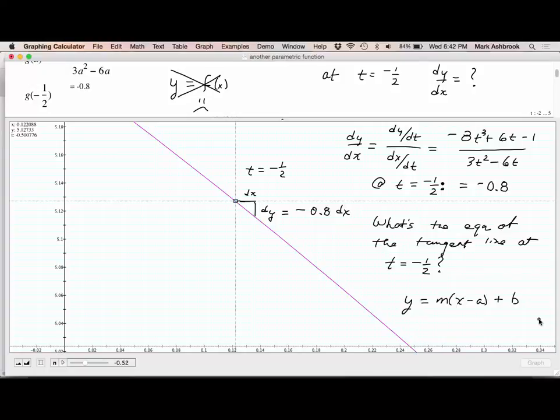That's actually a better form of a line than y equals mx plus b. This is not the y-intercept, right? This is any point on the line. So that's a point on the line, A, B. Okay? So do it. Find the equation of the tangent line at t equals negative 1/2. You've got everything you need to do that.